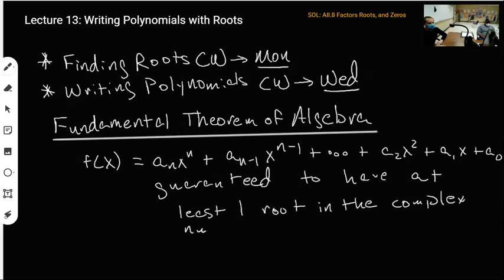I labeled that as capital C. So any polynomial is guaranteed to have at least one root in the complex number system.